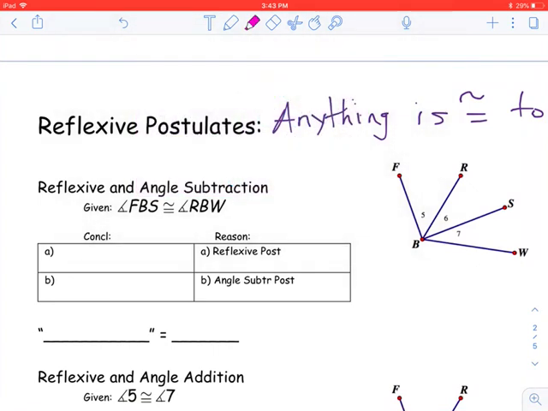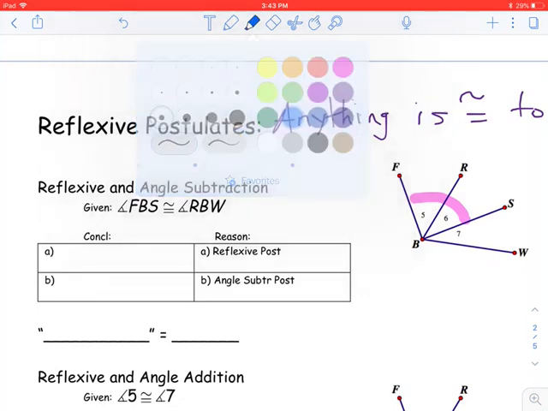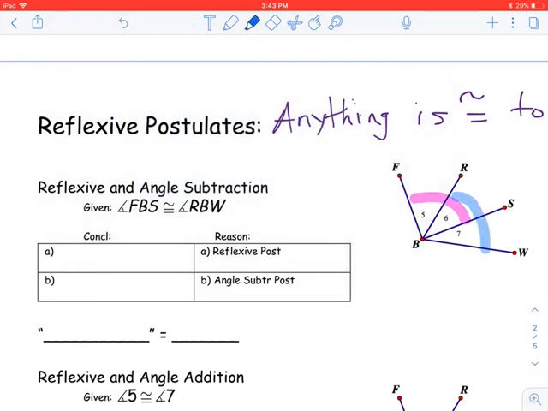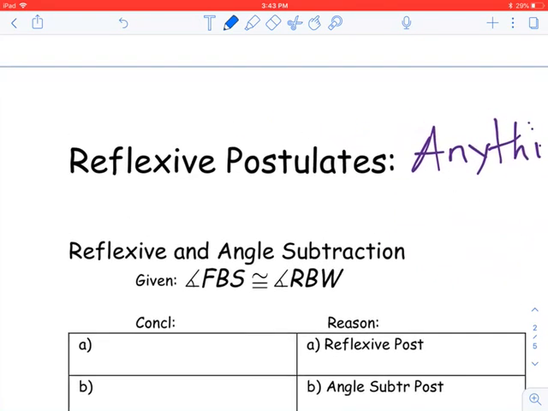So in this case, look at our given. FBS is this angle here, is congruent to RBW, this angle here. So look at how they overlap, okay? So in this case, what we want to keep in mind for reflexive is it is used for overlaps and gaps.